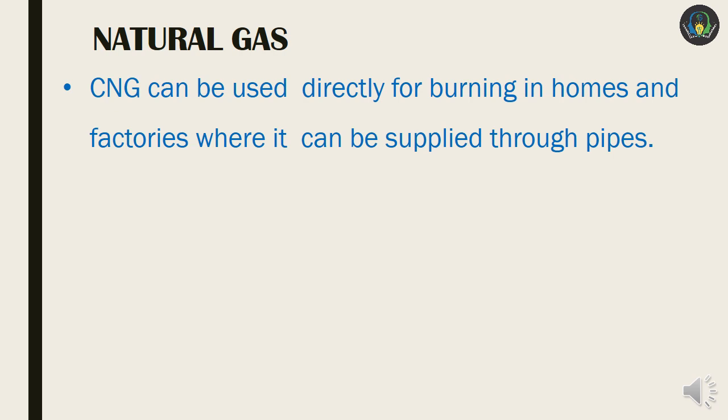Natural gas. Now if you remember, there was one more layer above petroleum, and that was of the natural gas. So let's understand few things about natural gas. CNG can be used directly for burning in homes and factories, where it can be supplied through pipes. You may have seen those pipelines.